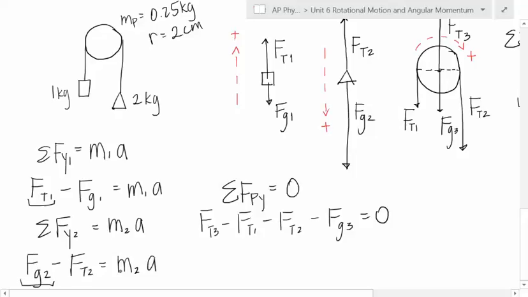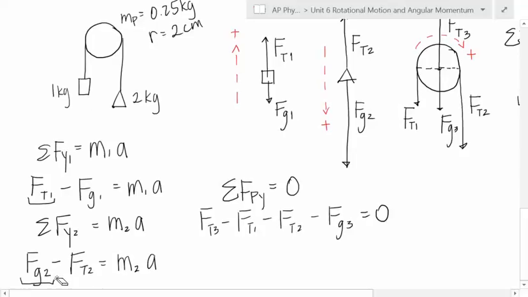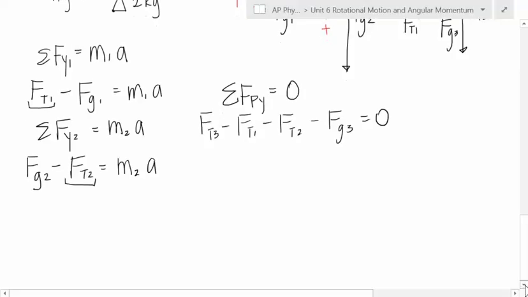So I can isolate Ft1 and isolate Ft2, which I didn't underline. I underlined the wrong one. Isolate Ft2, and then jam those back into that torque equation. That's the plan. Okay? So the physics is over.